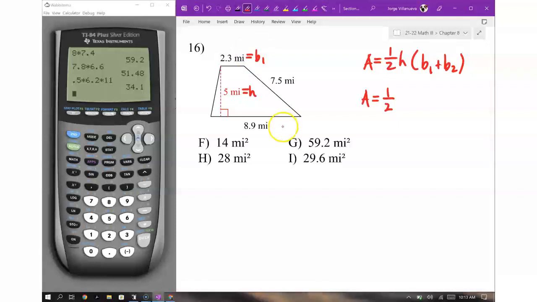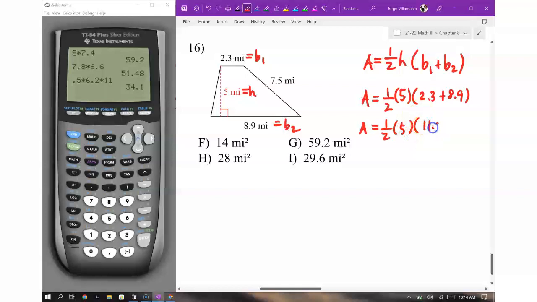And b sub 2 would be 8.9. Okay? So let's go ahead and plug that in. That's 1/2 times 5 times 2.3 plus 8.9, that's 11.2.